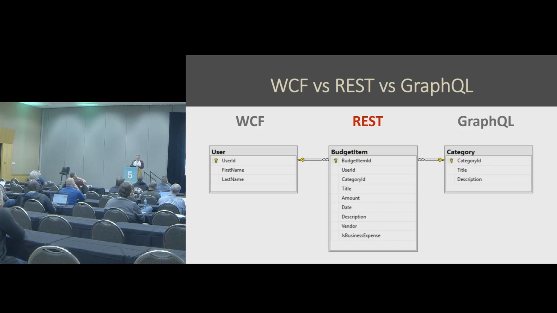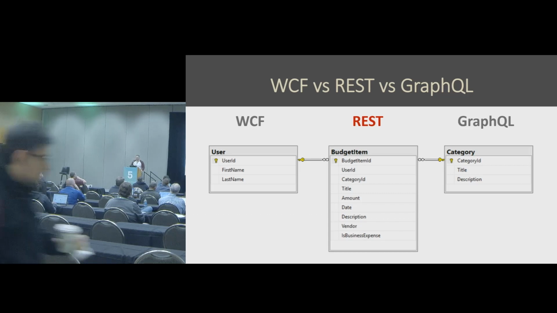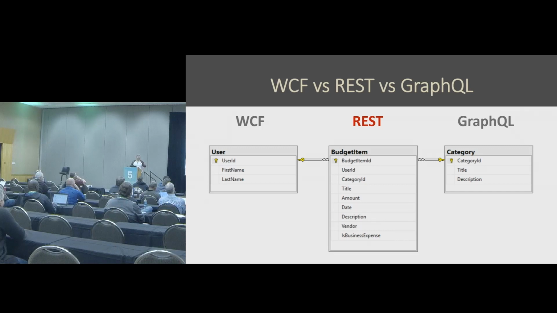With WCF, if I want to get, for example, a summary of data on one of my pages, I would come in and I could get the budget item, I could get a username, and pair it up with all the expenses that user has incurred, and maybe summarize the expenses for each category for that user, and I can return it all at one time.